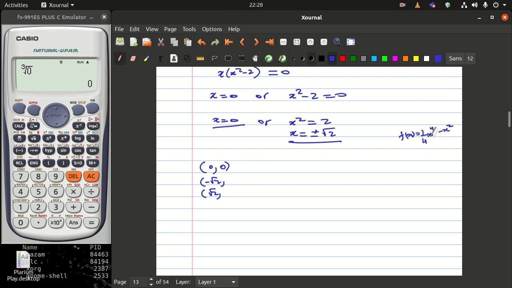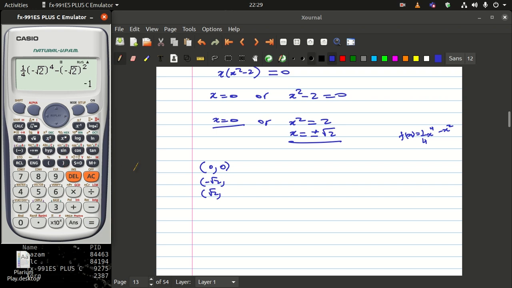If I'm plugging in negative square root of 2, I have 1 divided by 4 times negative square root of 2 to the power 4. Then after that, I minus negative square root of 2, and I'm going to square it.